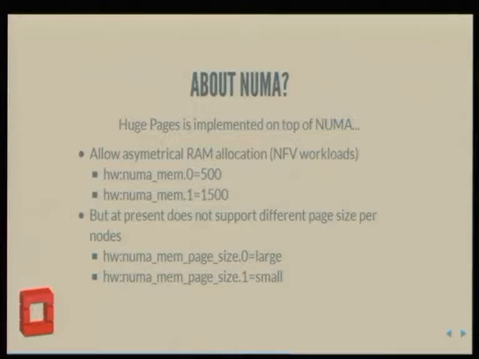And yeah, so huge pages are implemented on top of the NUMA awareness, so they are per NUMA node. And we allow asymmetric allocation, which is apparently a feature people wanted.